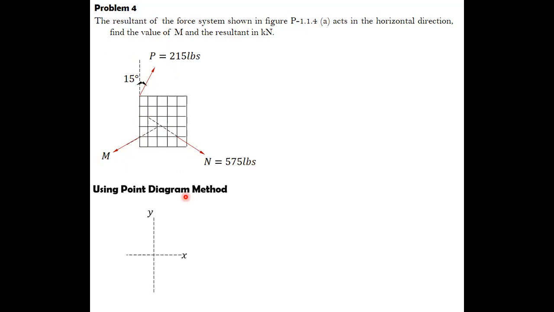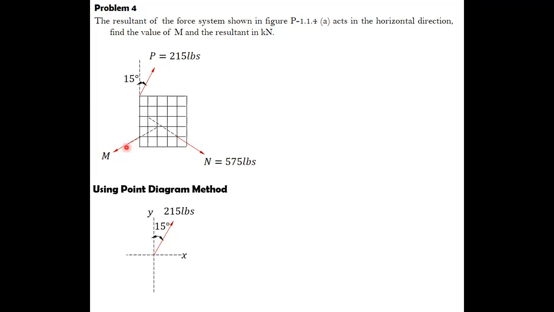Okay, so we again use the point diagram method to simplify the orientation of our diagram. Let's transfer the three forces to our Cartesian plane, and let's start with P. Since the direction is northeast, this must be placed on the first quadrant, and we also include the angular direction, which is 15 degrees measured from the y-axis.